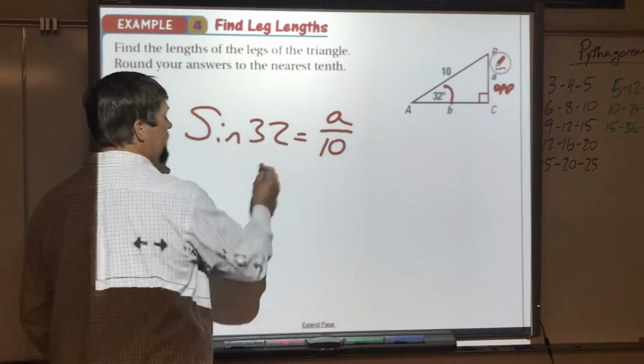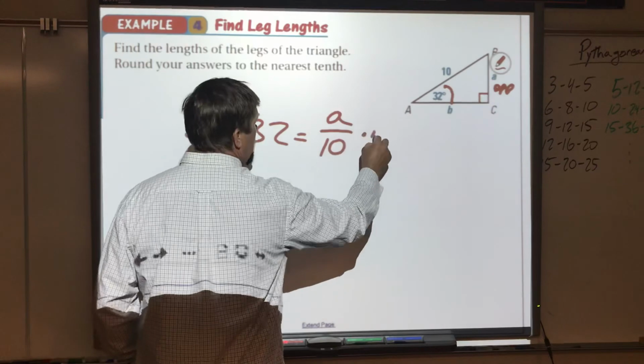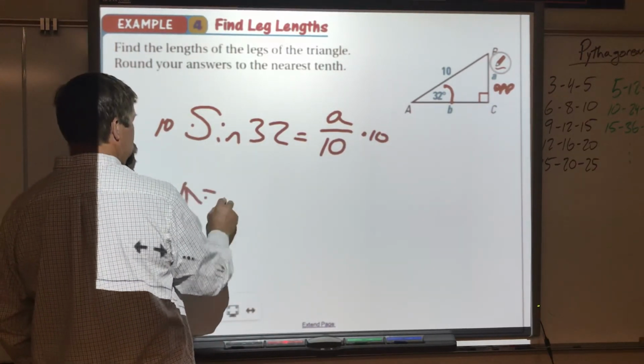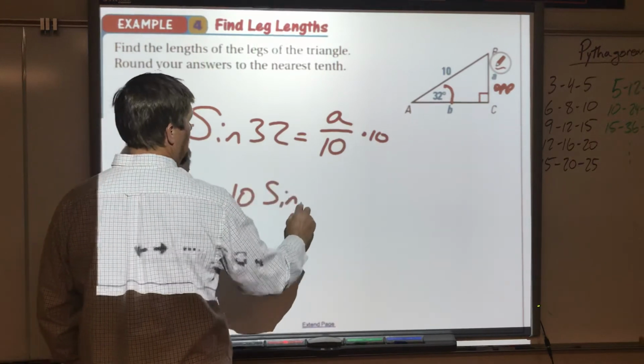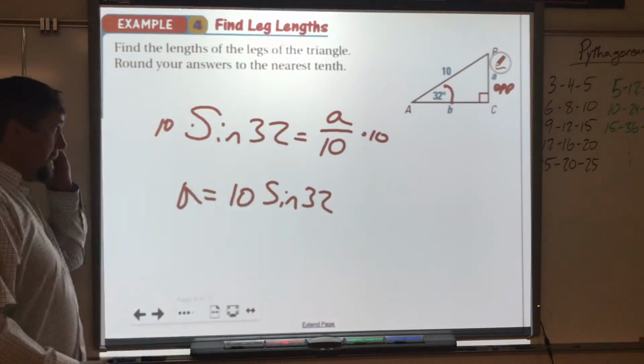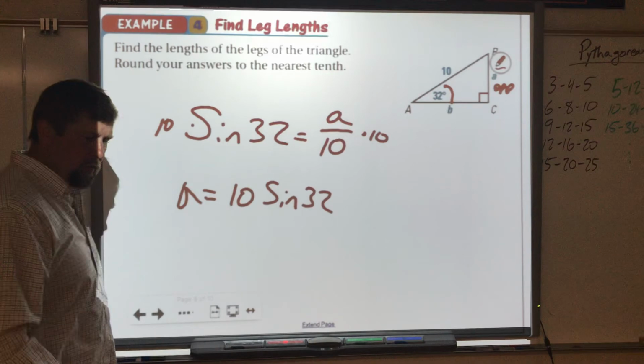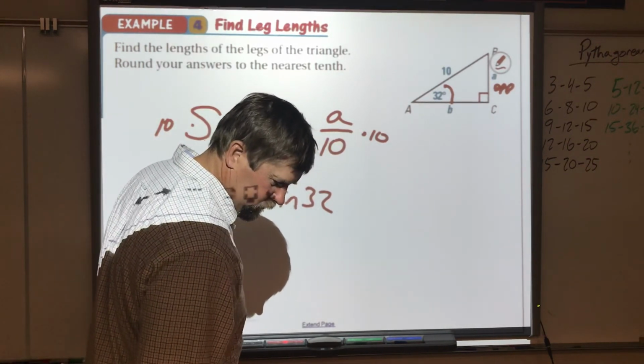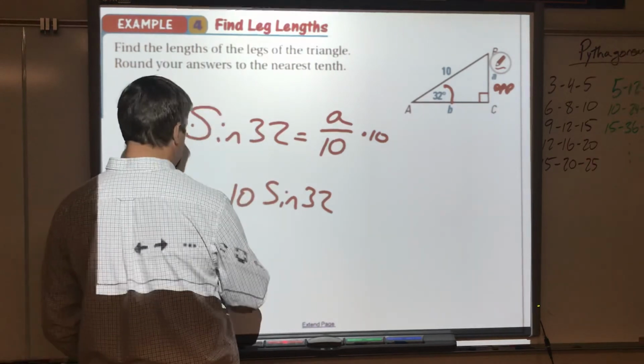Now, just like solving the tangent one, you would multiply both sides by 10. So A is equal to 10 times the sine of 32. And then you would plug that in your calculator. 5.3.